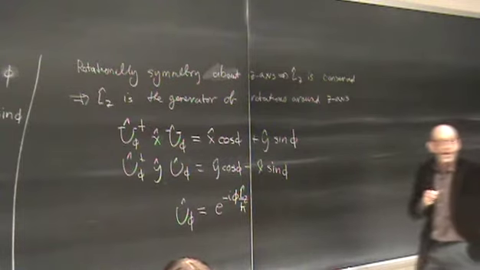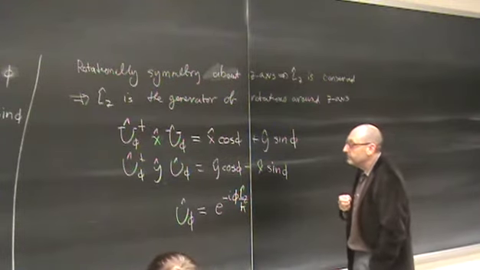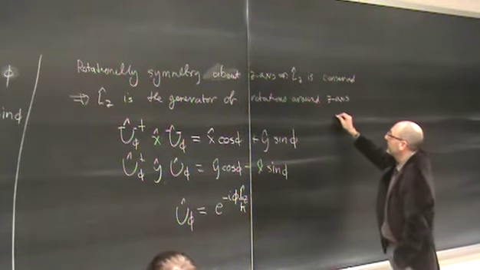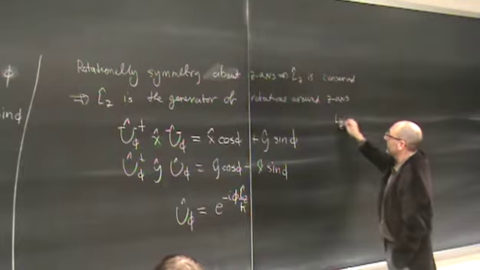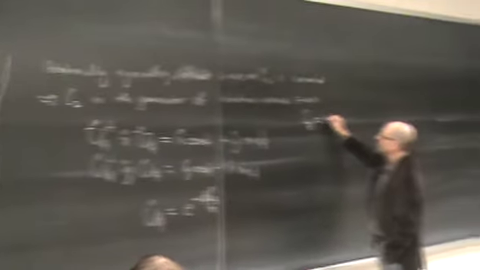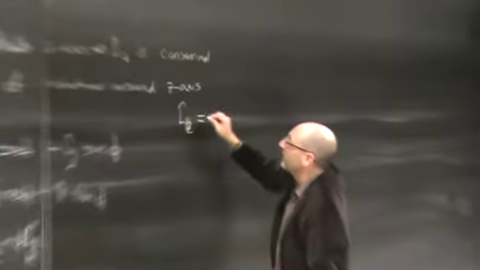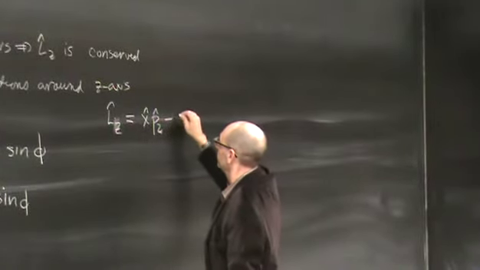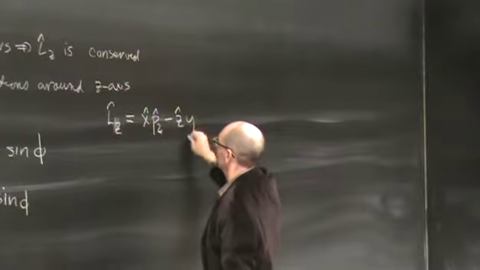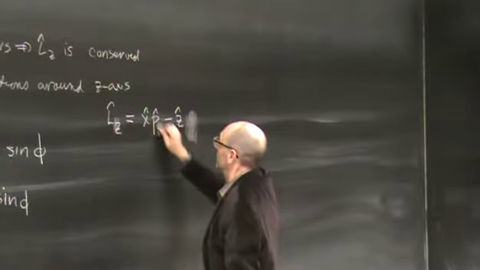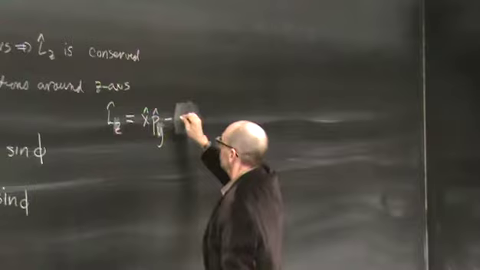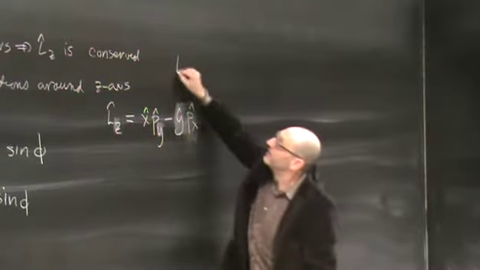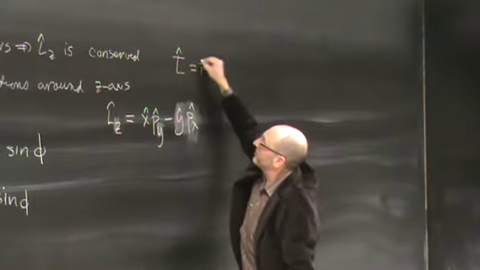Okay? And what is LZ? Well, there's lots of ways to look at it. L is r cross p, so that's this. Remember, L is r cross p.